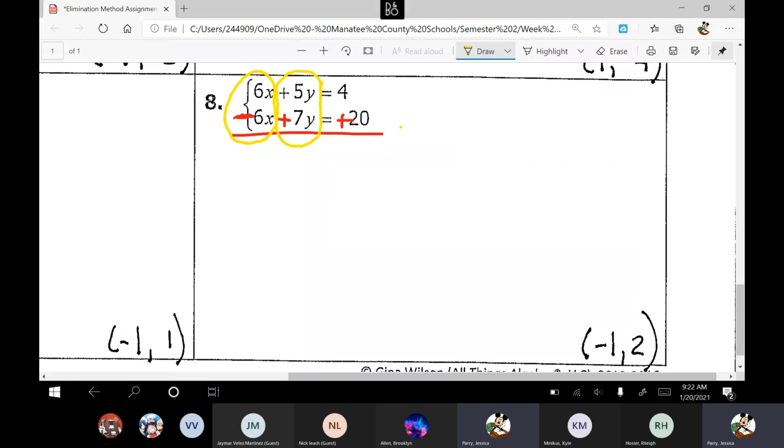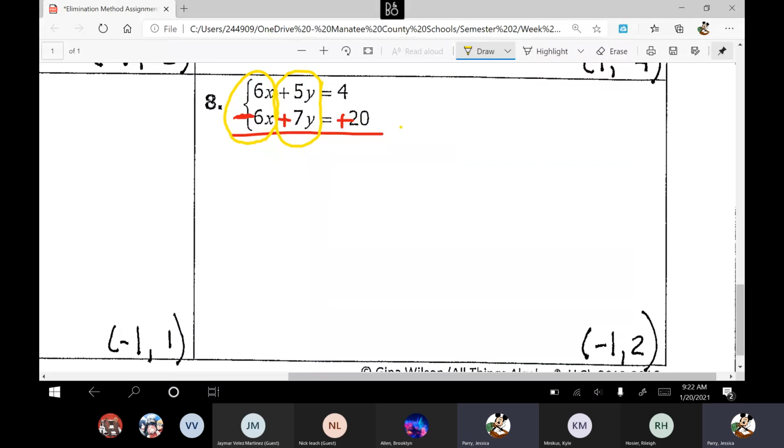And it does not matter which equation you change. That's why in the first two questions I changed the first one, and in this last question I changed the second equation. You can pick any equation that you want to change, because as long as you do your math correct, you'll still get the right answer. So I'm looking for a couple more people to respond.